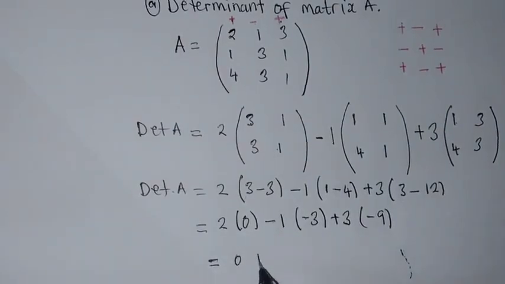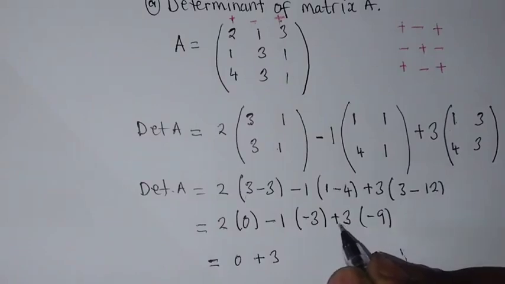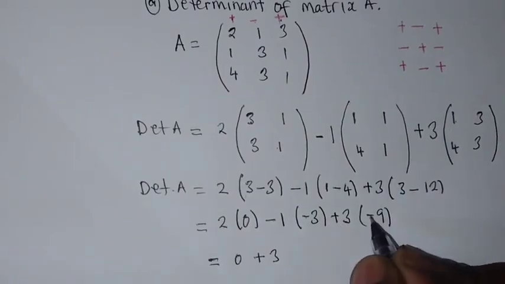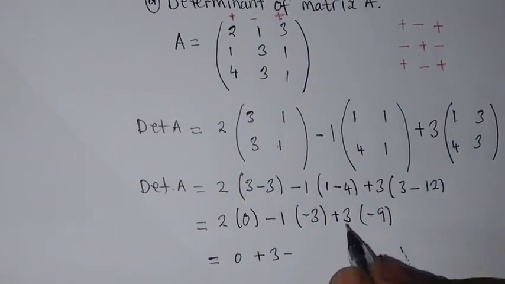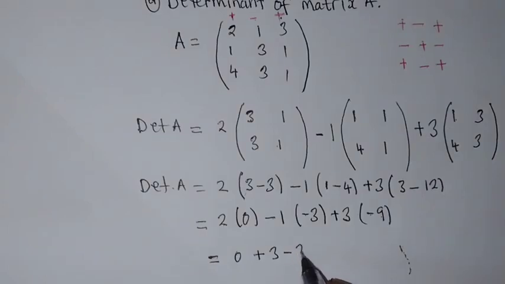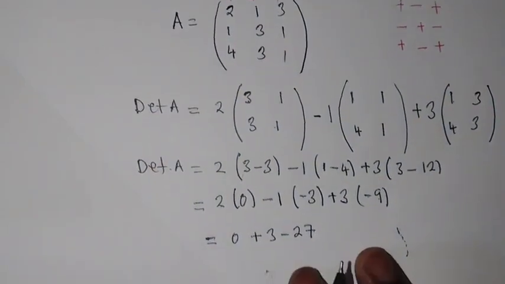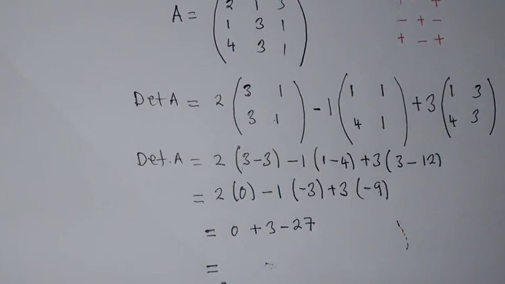Negative times negative is a positive, 1 times 3 is a 3. Then here, there is a positive here and a negative here. So positive times negative is a negative. 3 times 9, you get a 27. So from here, we can now write our final answer, which is the determinant of matrix A.